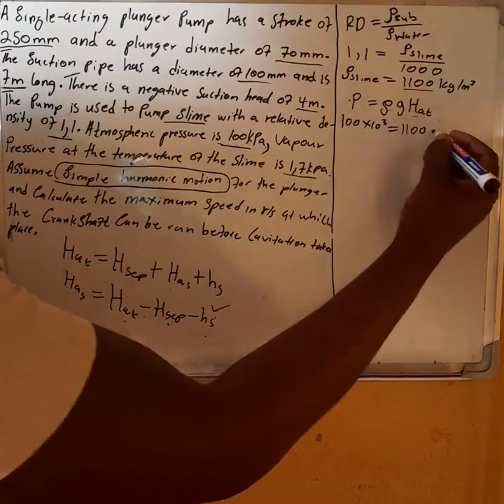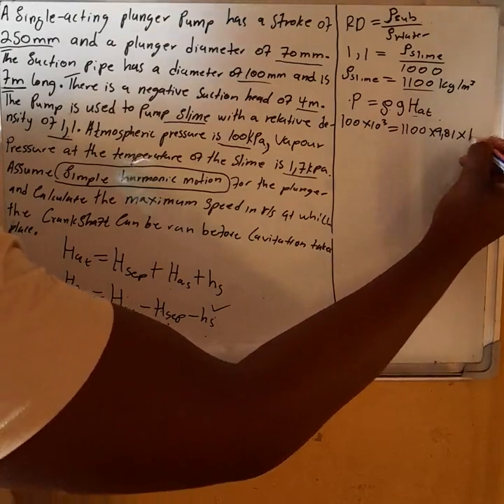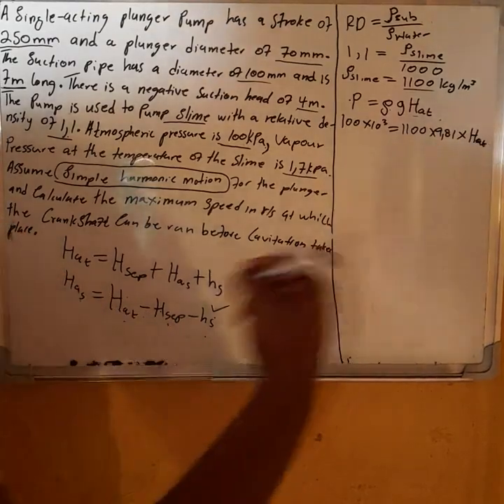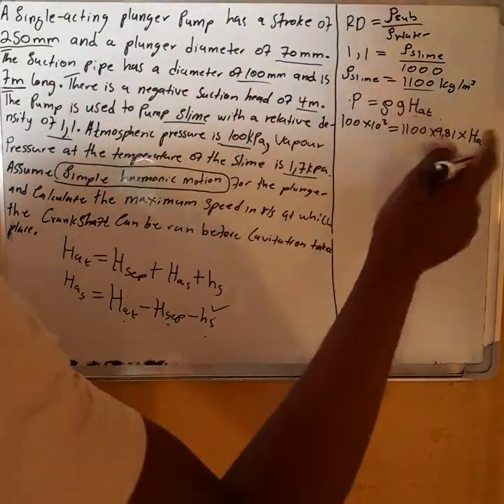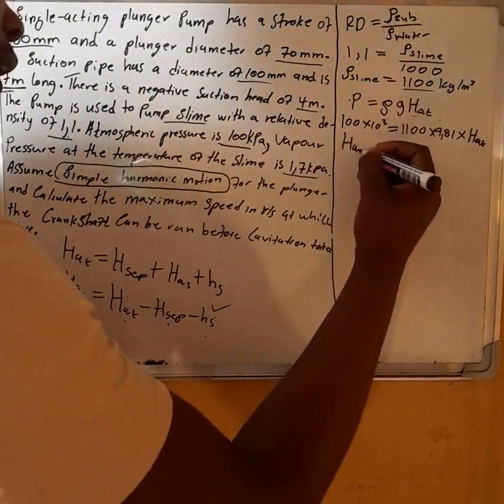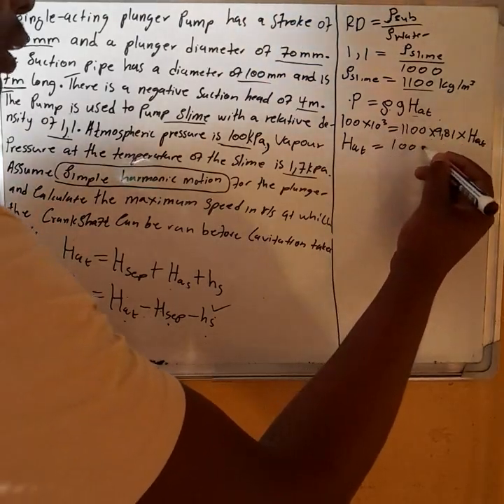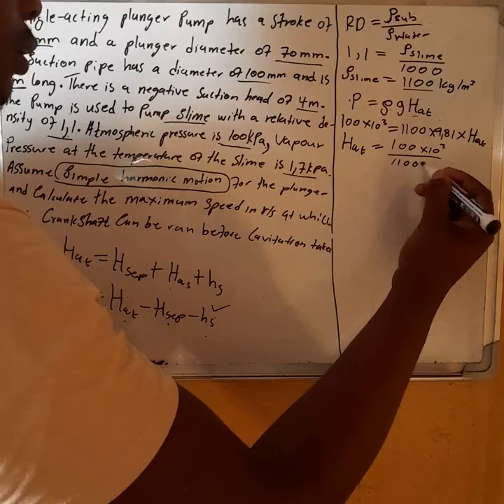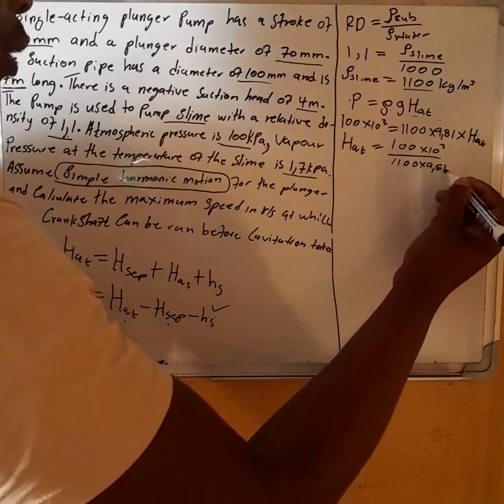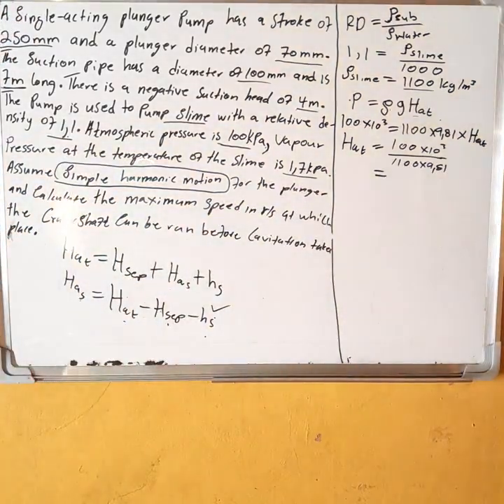Then we multiply this by 9.81 multiplied by HAT, right? Now we want HAT, so you divide: HAT must be equal to 1000 times 10 to the power 3, divided by 1100 times 9.81. Punch this on your calculator. Let's see what you got.